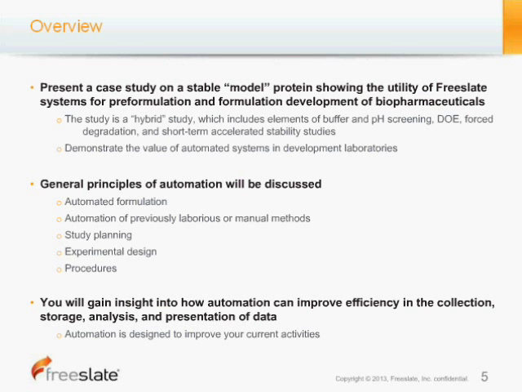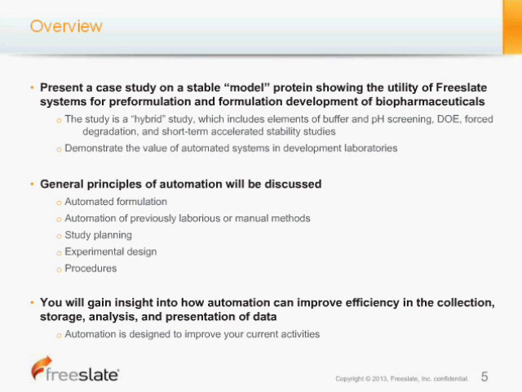This study is a hybrid study in two ways. It includes many elements of buffer and pH screening, as well as DOE and forced degradation and short-term accelerated stability studies. But it's also a hybrid study in the sense that it's both automated and manual. A big part of the webinar today is to demonstrate the value of the automated systems in these development laboratories.